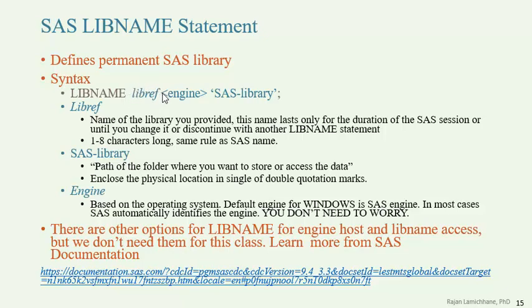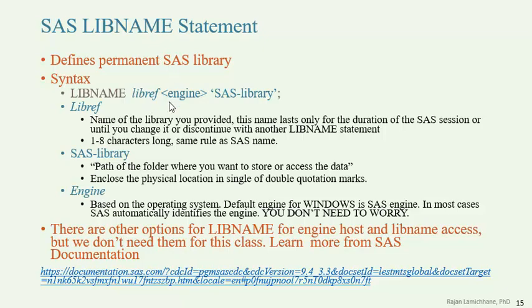This libref can be anything, but it should be 1 to 8 characters long, and it should not start with a number. It should start with a character or underscore, and it could be a combination of any number or character or the underscore, but it cannot start with a number.